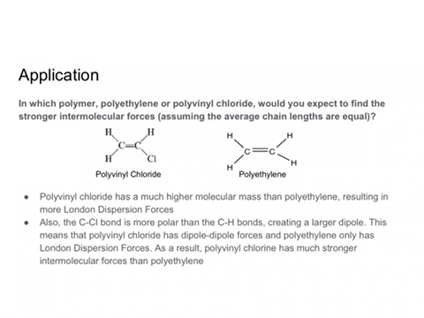And these dipole-dipole forces are a lot stronger. So as a result, the intermolecular forces in polyvinyl chloride are a lot stronger. But another thing you should take into account is that chlorine is a lot heavier than hydrogen. So even if we were just to compare London dispersion forces, polyvinyl chloride would have much more because of its higher molecular mass, which results in a lot more instantaneous dipoles.